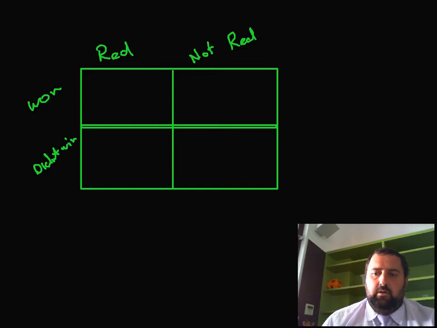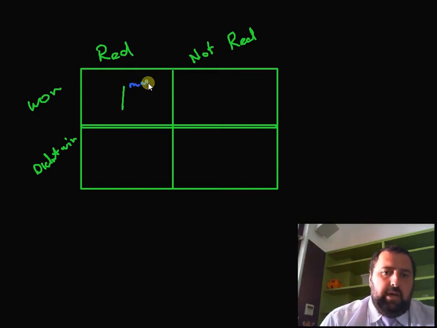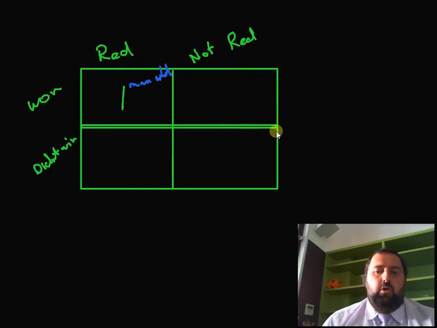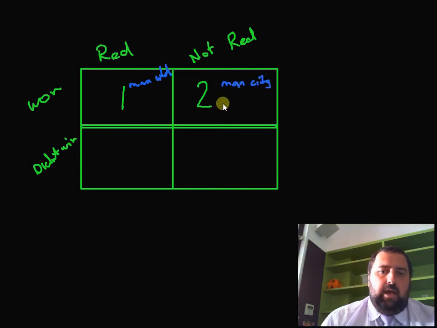All right, so in green, I'll write 1. And then in blue, it was Man United. Okay? So, teams that weren't wearing red that won. There were 2 teams that weren't wearing red that won. There was Manchester City and Chelsea FC.